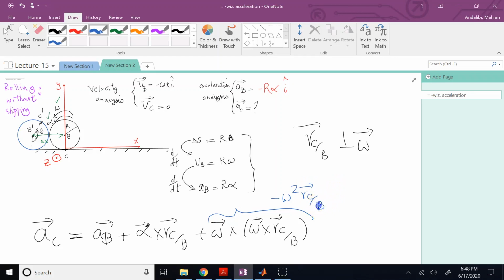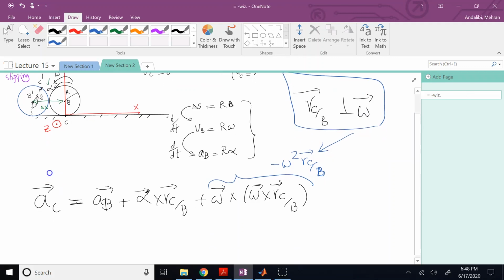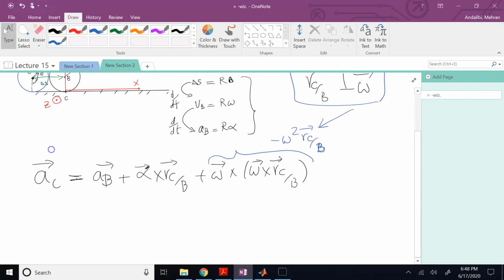So because this is a simple 2D case, I can also say such a thing, which helps me avoid performing a couple of cross products, although in this case it's not really hard because omega is only omega times k, so it's not going to be that bad. Okay, let's see what we have. So A of B was negative r alpha I.